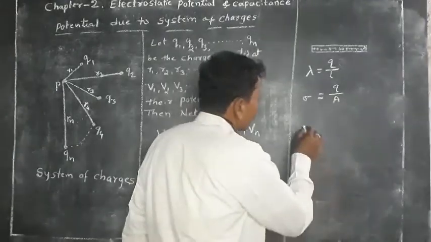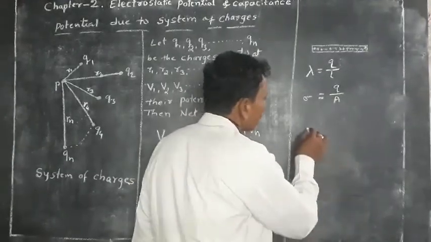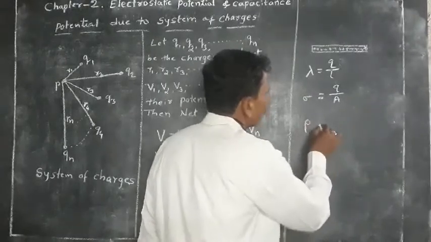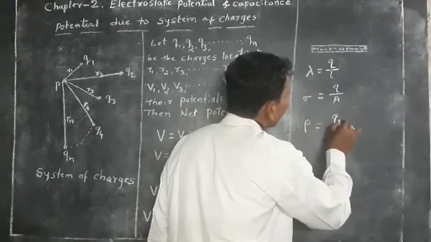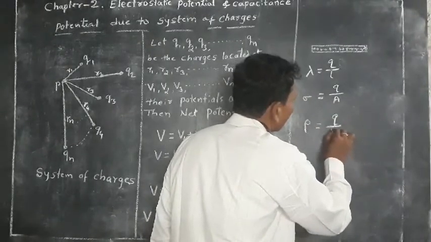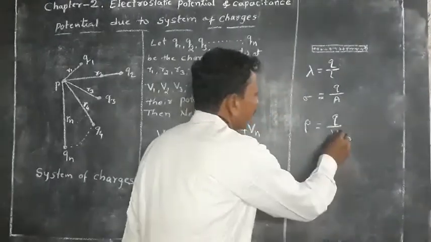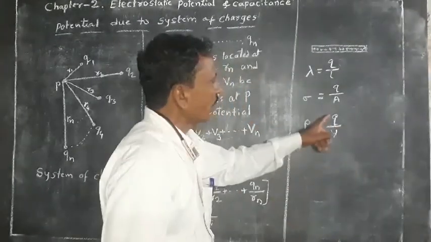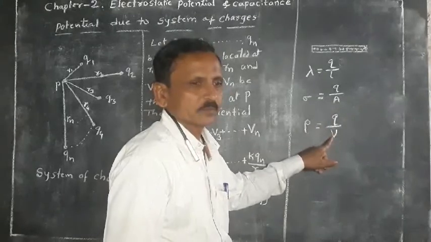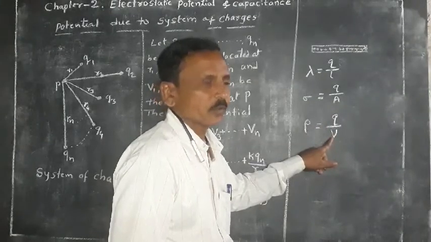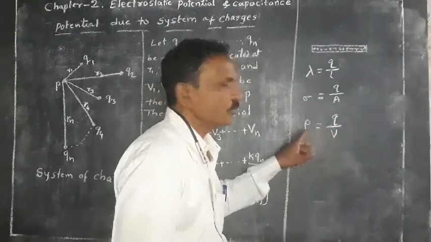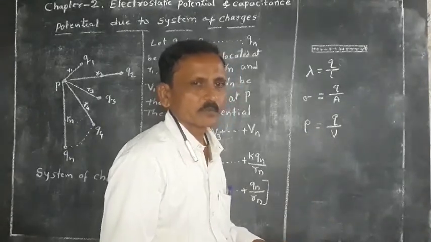And volume charge density is denoted by rho, rho equal to Q upon V. That is charge per unit volume, called volume charge density.